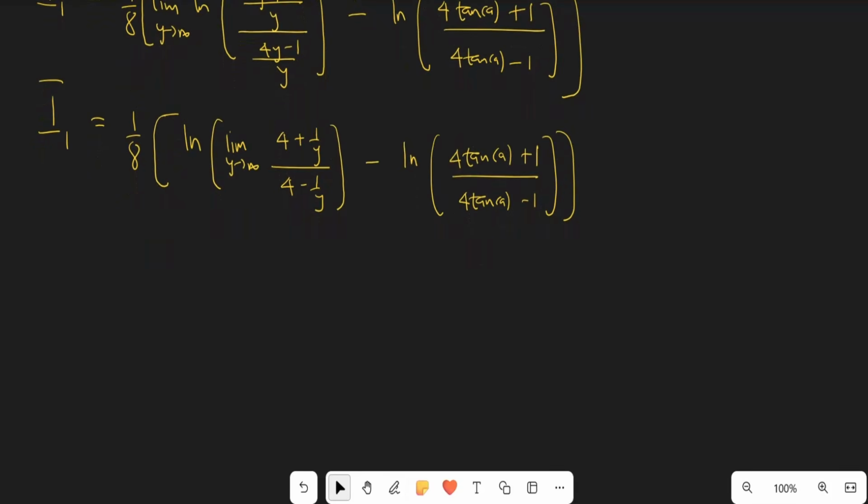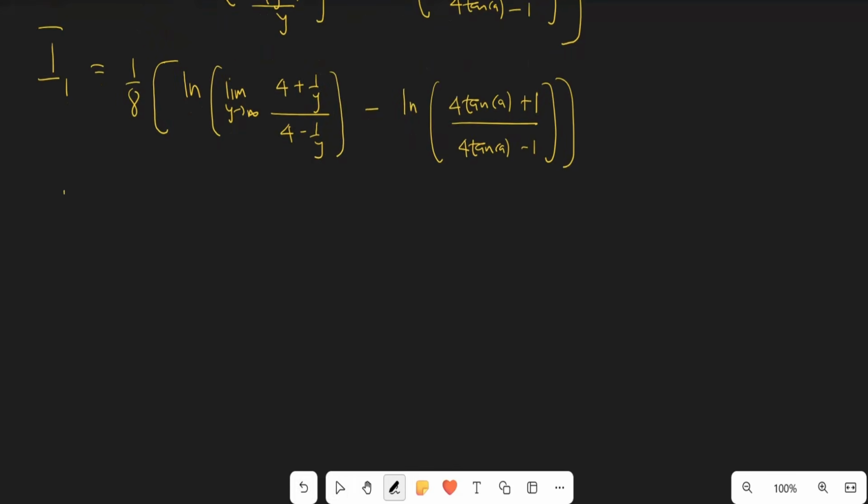Okay, so as y is approaching infinity, this is approaching 0 and this is approaching 0. So we are left with 4 over 4, and 4 over 4 is 1.